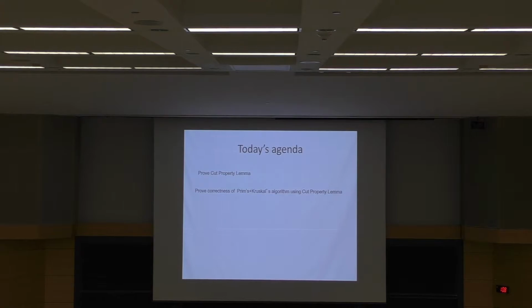We are going to prove the cut property lemma and then prove correctness of Prim's and Kruskal's using it. We're actually going to state the lemma first, use it to prove the correctness of Prim's, then prove the cut property lemma, and then argue the correctness of Kruskal's. So that's how we are going to go today. Are there any questions?